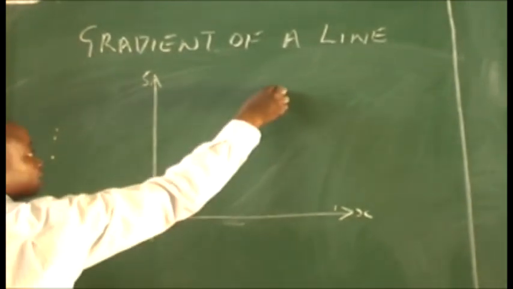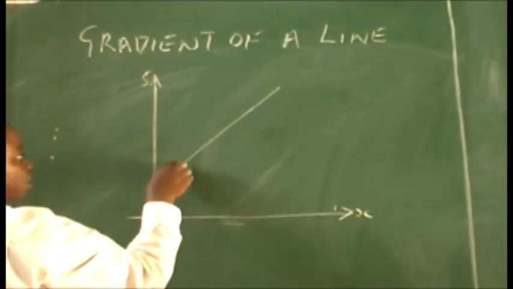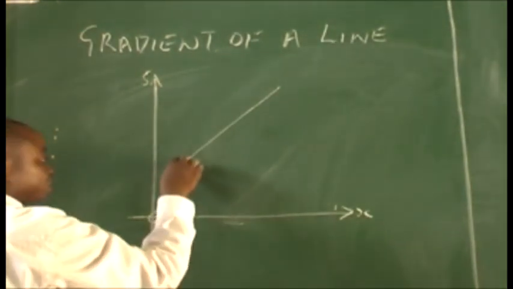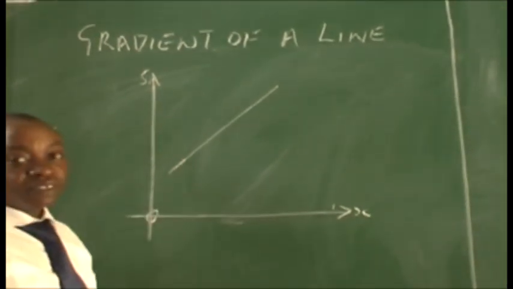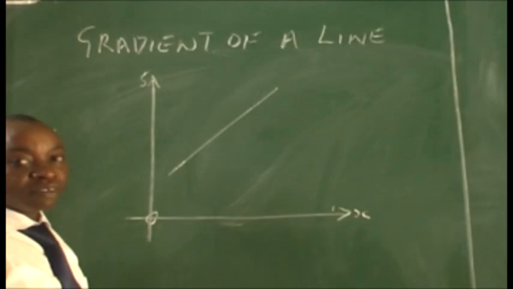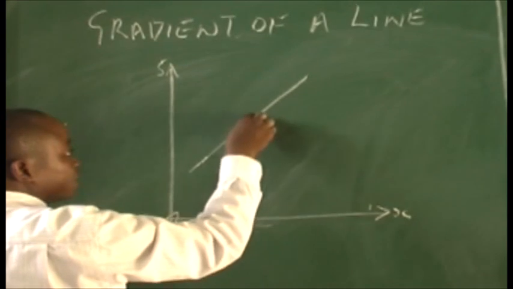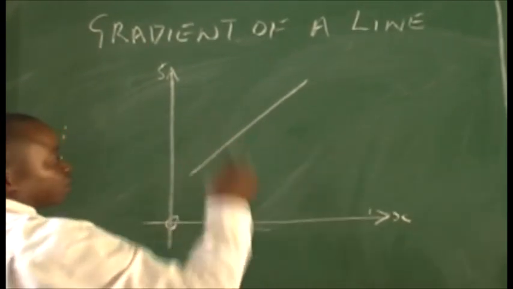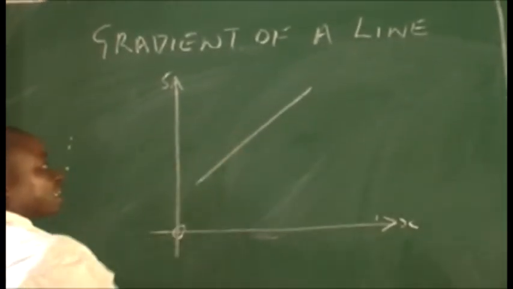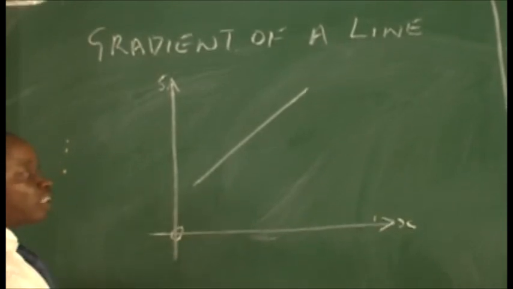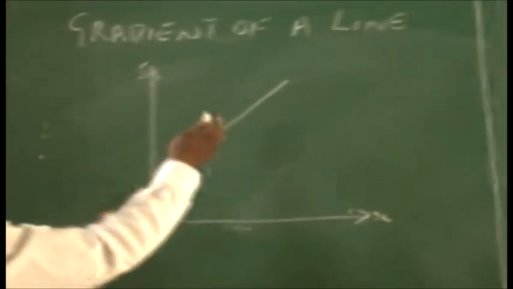I have a line here. To get the gradient or slope, gradient also means slope. Now, what we mean is this is a line. How slopy is this line? I can have different lines. We want to see how slopy it is.